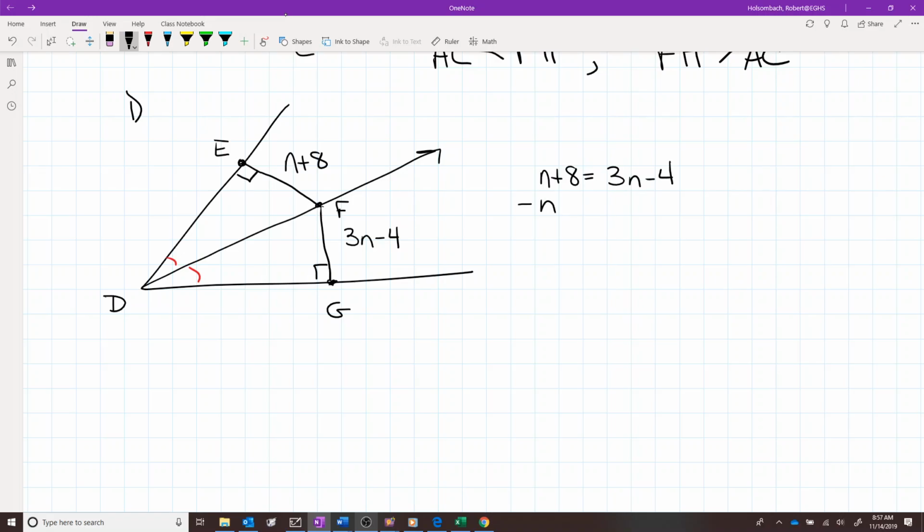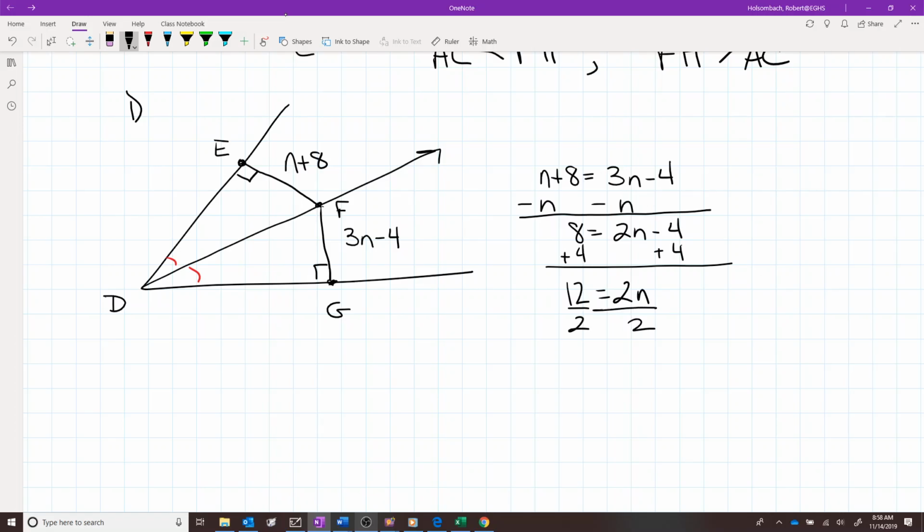If you subtract n from each side, then 8 equals 2n minus 4. You can add 4 to each side, and 12 equals 2n. Divide both sides by 2. So 6 would equal n.